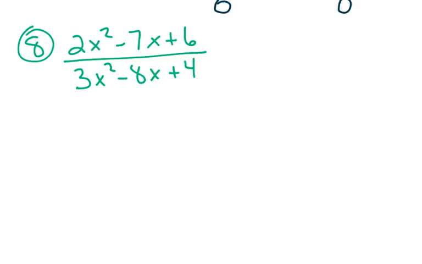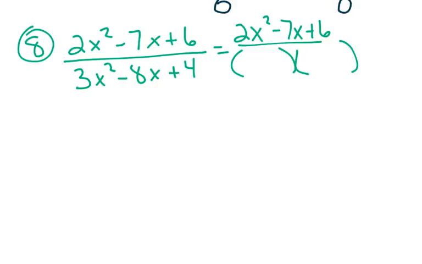Okay, to find my restriction, I am going to factor the denominator, and I'm not going to spend the time going through that process. I would strongly recommend you hit pause, try factoring it yourself, and then turn it back on and see if you agree. So I'm getting 3x minus 2 times x minus 2 as my denominator.